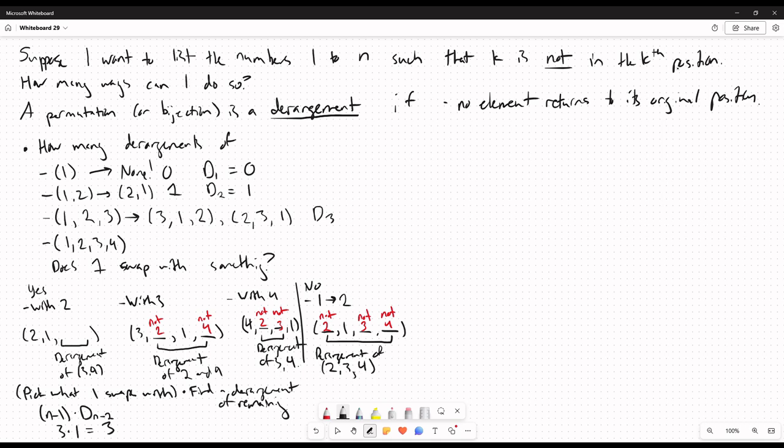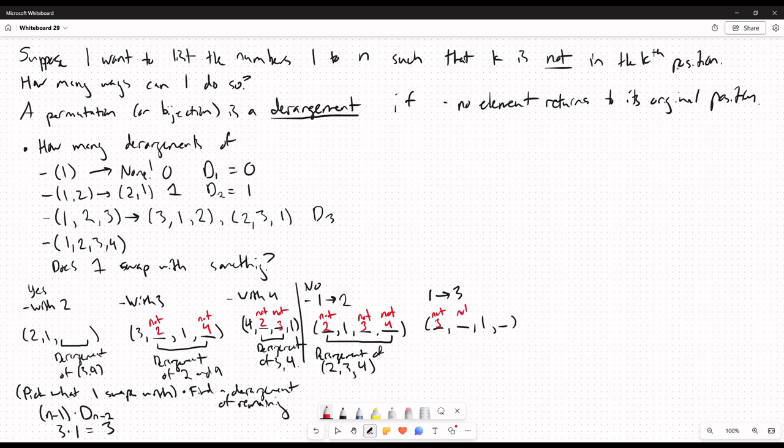So that's one case. If I send 1 to 3, then what does it look like? I'll have 1 here, and then I'll have something else. And we see that this first blank can't be 3, because that would mean that 1 and 3 swapped places, and we already did that case.